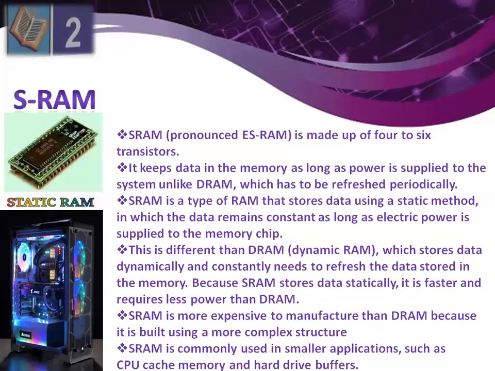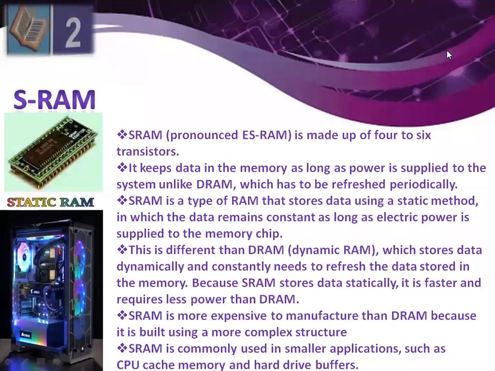Because SRAM stores data statically, it is faster and requires less power than DRAM. That's why SRAM is faster than DRAM. SRAM is more expensive to manufacture than DRAM because it is built using a more complex structure. SRAM is commonly used in smaller applications such as CPU cache memory and hard drive buffers.